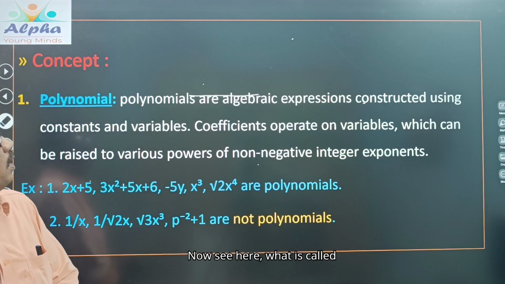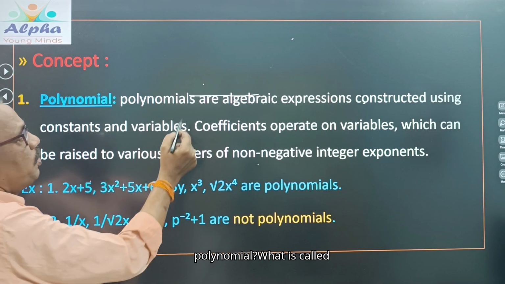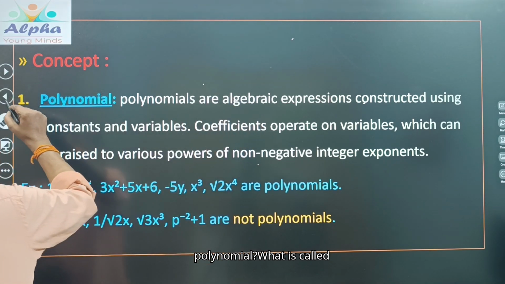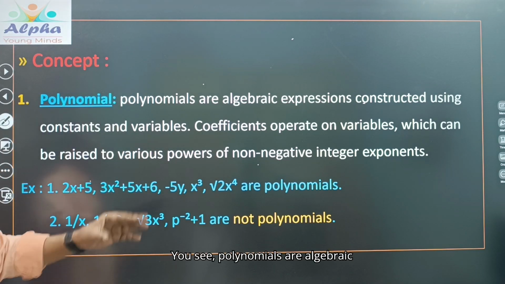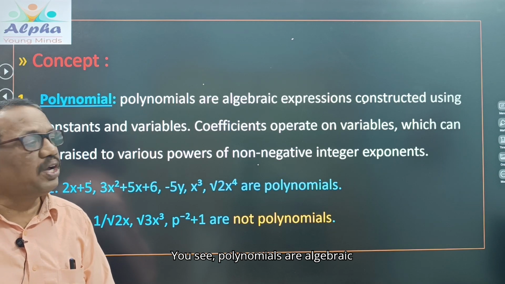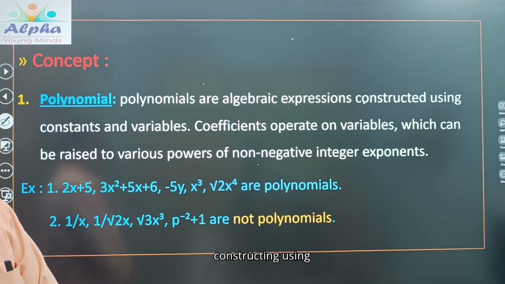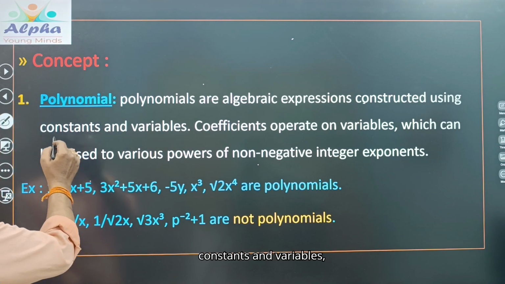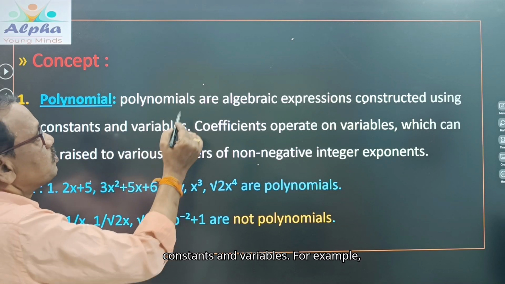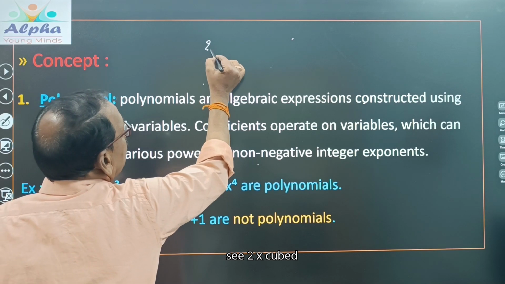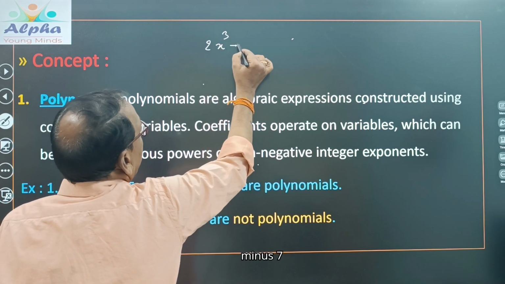Now see here, what is called a polynomial? Polynomials are algebraic expressions constructed using constants and variables. For example, see 2x cube minus 7.